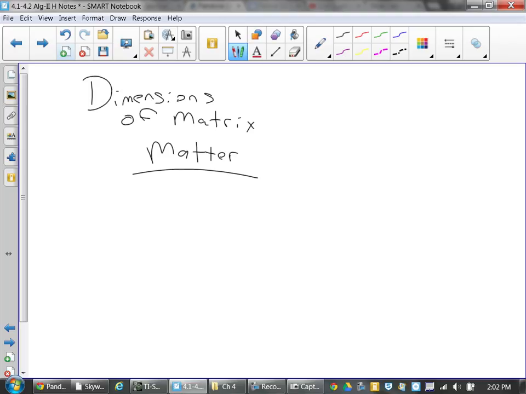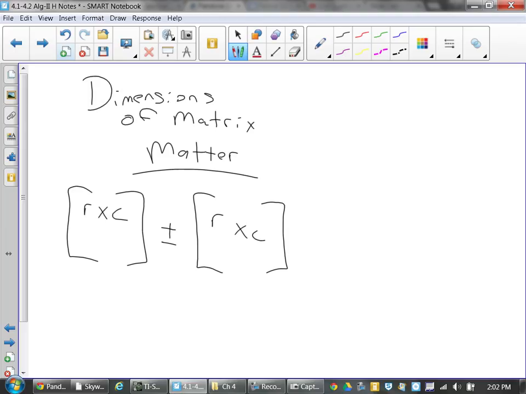In order to do simple addition or subtraction, I'm not talking about multiplication. There's a different rule for that. The dimensions have to be the same. In order to add or subtract, I would say plus or minus, these have to be the same dimensions. Rows by columns has to equal the same rows by columns. If they're not, you can't do it.